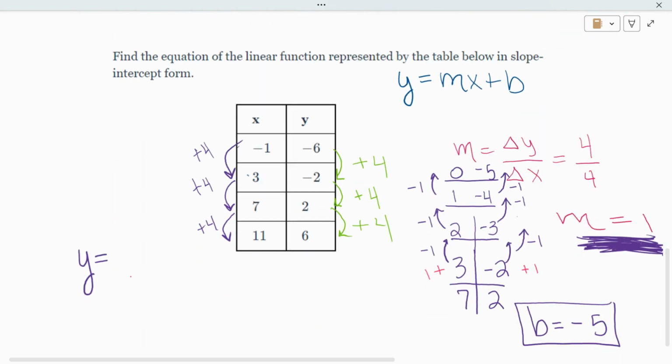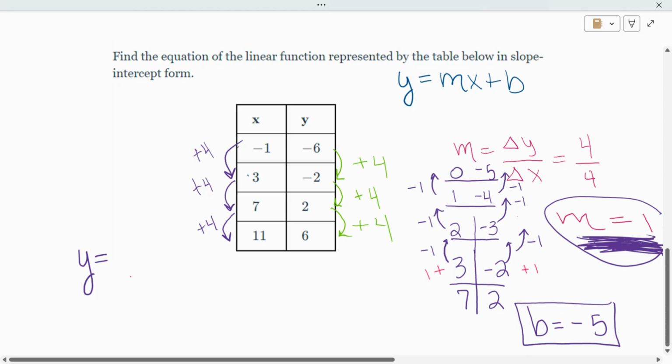What does it say m is? I just underlined it really dark. M is what? M is 1. Do you see that? So y equals 1x minus 5. That is my equation. Y equals 1x minus 5.